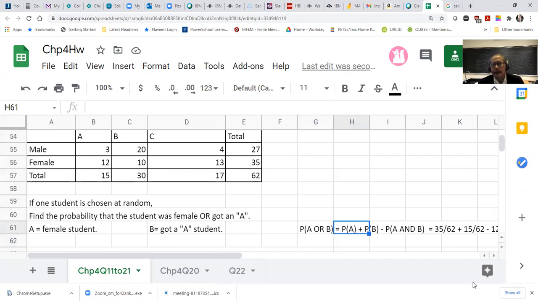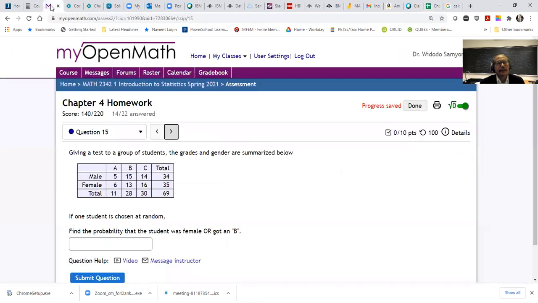Yeah, so then you can simplify, right? So in your problem here, looking for the probability of female, the number of female will be 35, plus the number of the ones who got B is this one, right?